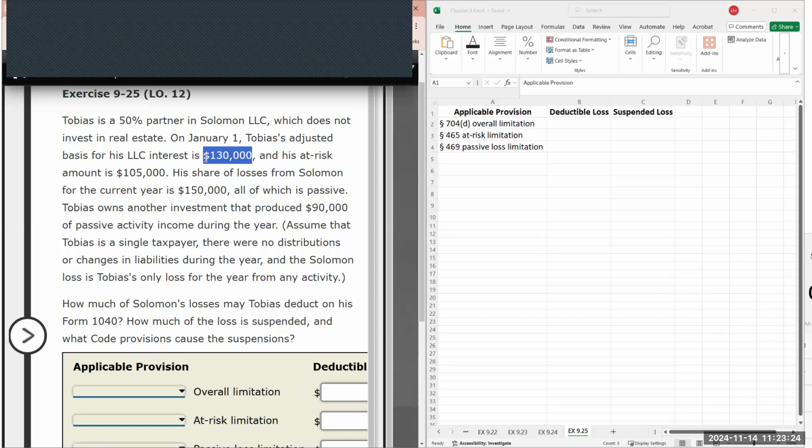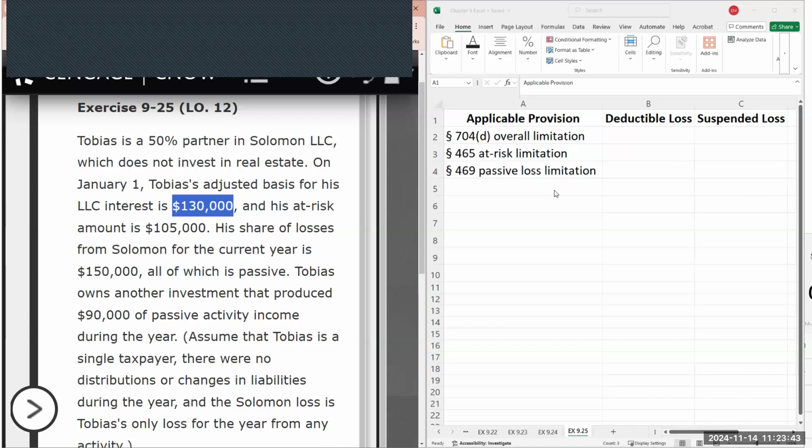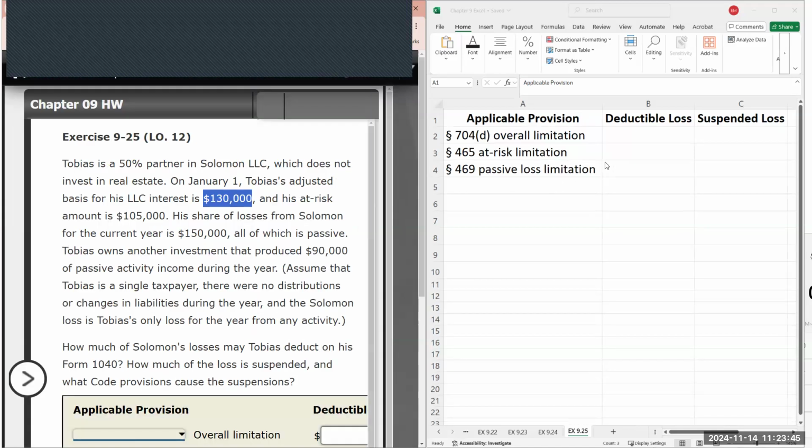Because the partnership losses flow through to the partners and are reported on their tax returns, the loss deduction may be limited at the partner level. Whenever these limitations apply, all or a portion of these losses are going to be suspended until there's a triggering event.